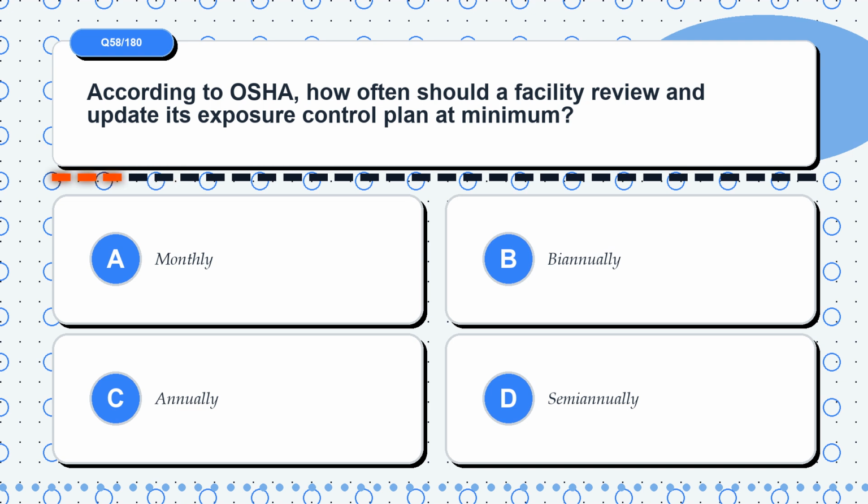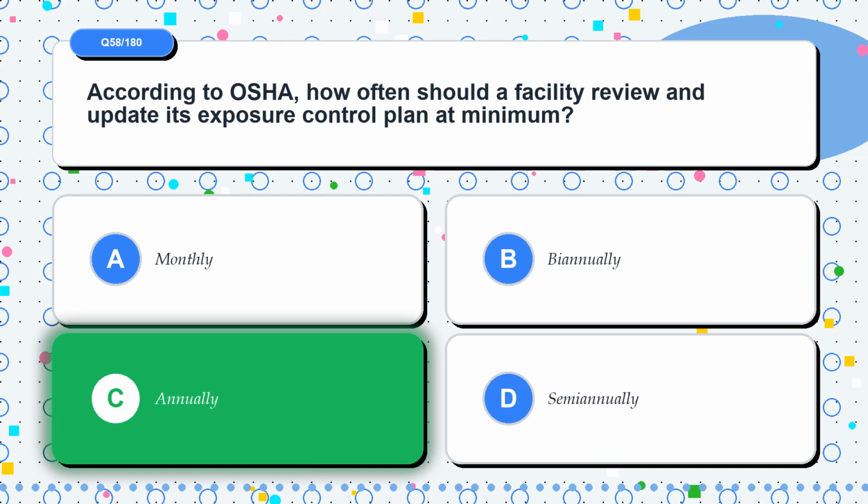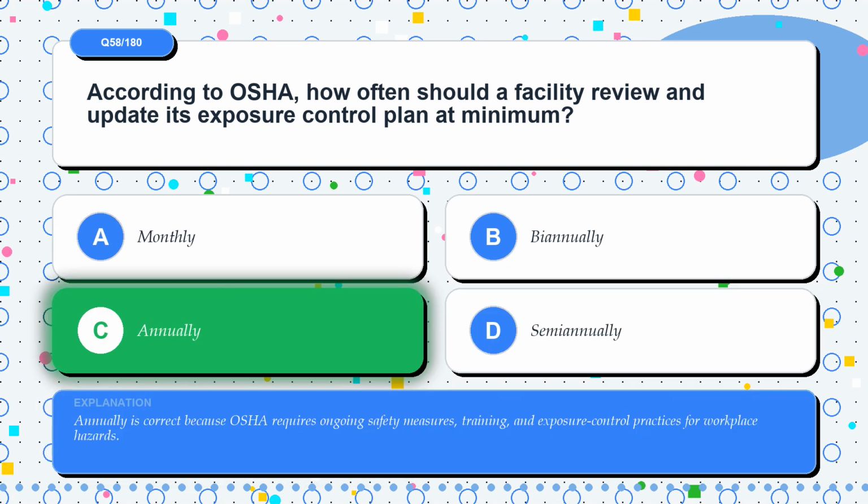Option D, semi-annually. The correct answer is option C. Annually is correct because OSHA requires ongoing safety measures, training, and exposure control practices for workplace hazards.